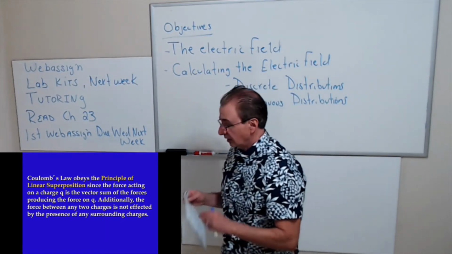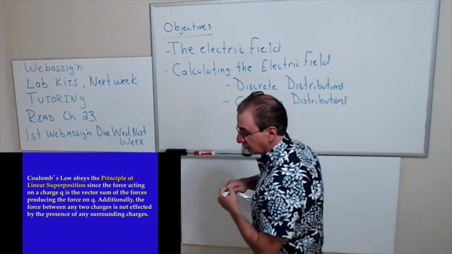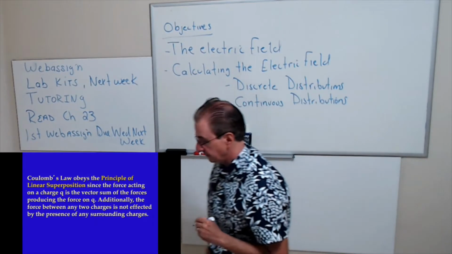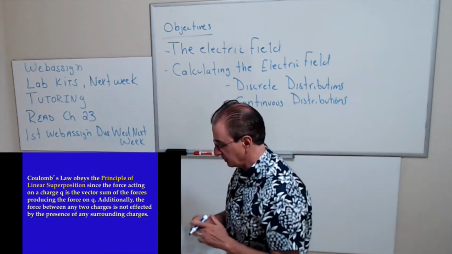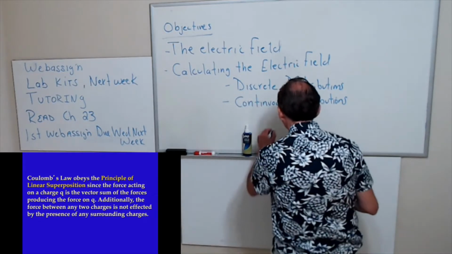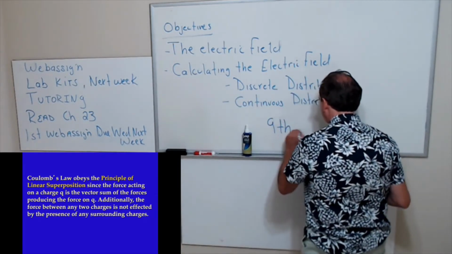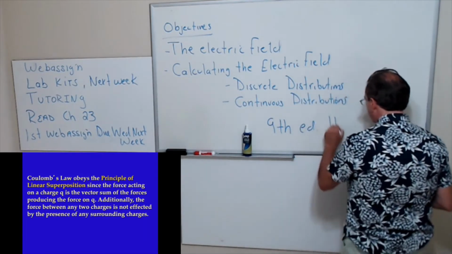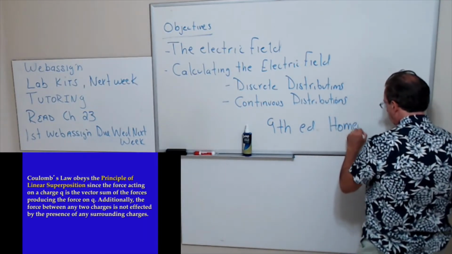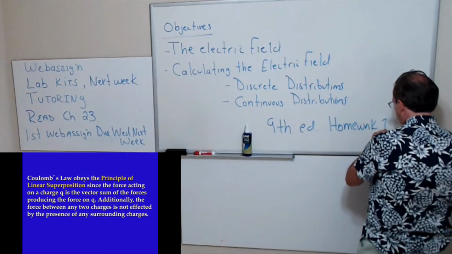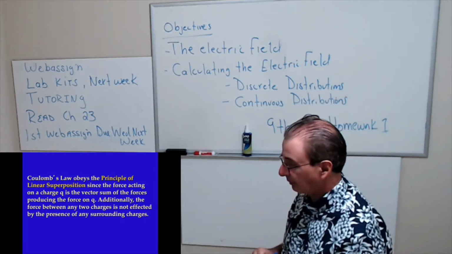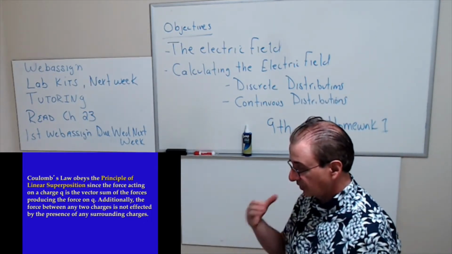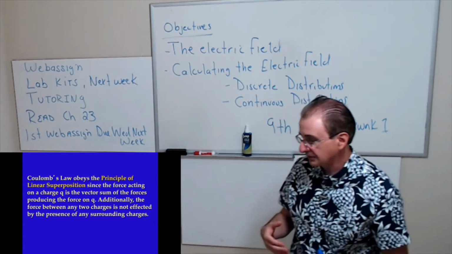But if you look at the assignments that start with the 9th edition, homework 1, etc., those are the assignments you want to work on. That's the new version, that's the new class.